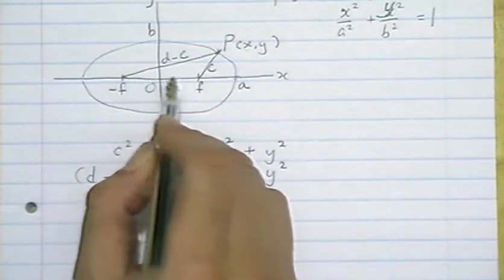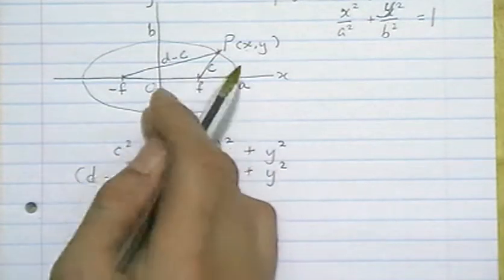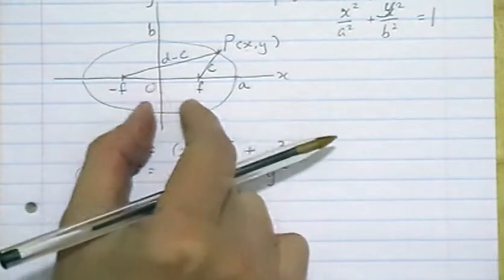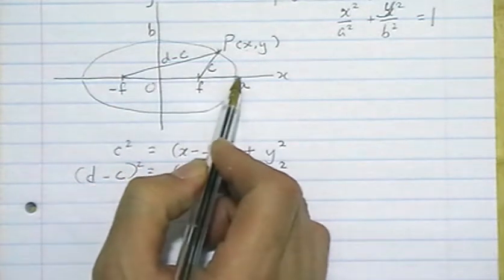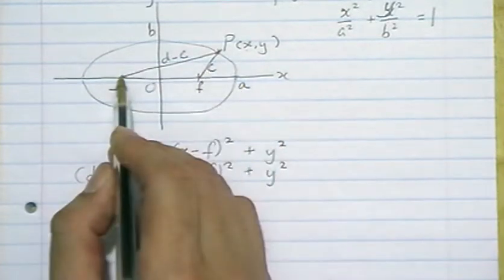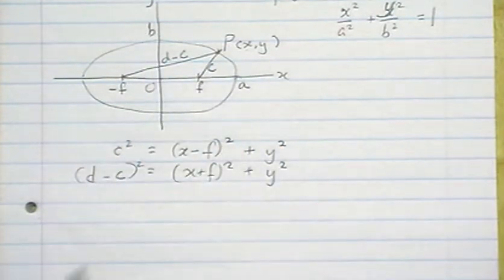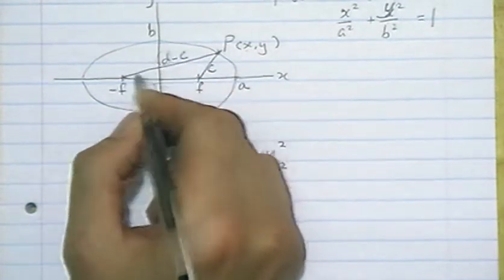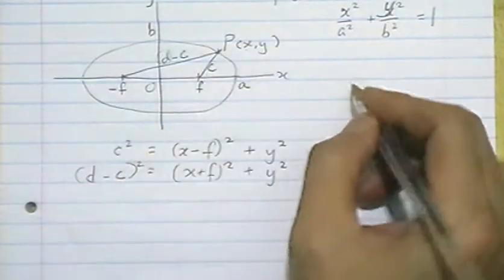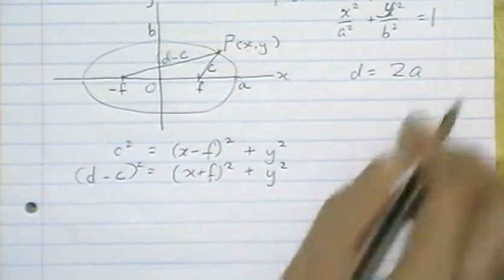Suppose I take out this part of that distance and put it down here, then I would be going from this point to A and then coming back here. So when P is down here, this length becomes the same as the length going from O to A and back, which is 2A. Since D is the total distance of these two lines, we have D equals 2A.